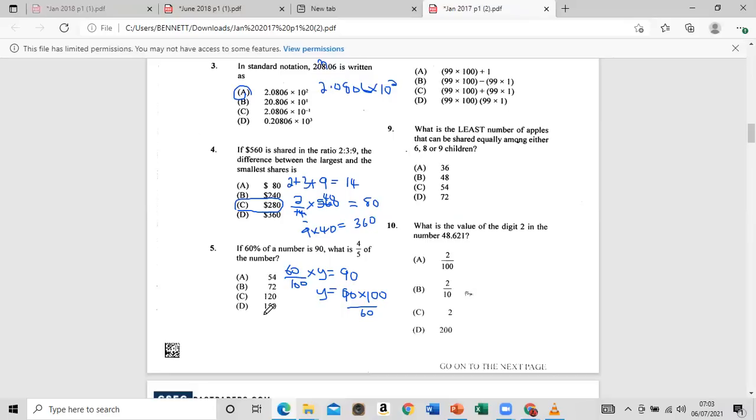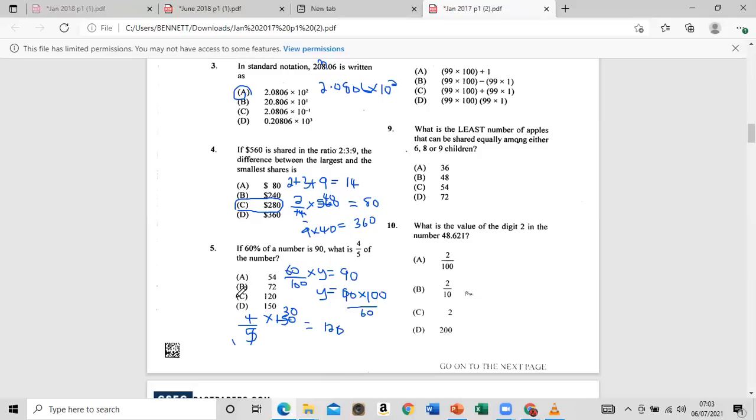So we need to find 4/5 of the number now. What's 4/5 of 150? And that would be our answer. So 5 into 150 is 30. 4 times 30, 120.